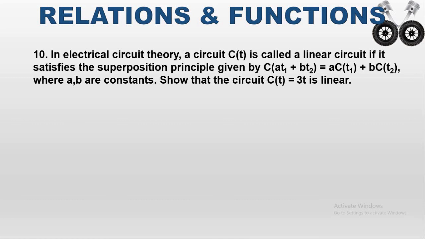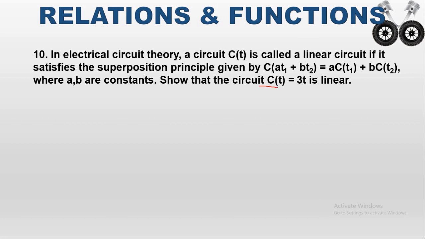So what is the problem given here? There is one electrical circuit. In that electrical circuit, if it satisfies the principle C of at1 plus bt2 equal to a into C of t1 plus b into C of t2, then we say that the electrical circuit is a linear circuit. Then we have to show that the circuit C of t equal to 3t is linear.